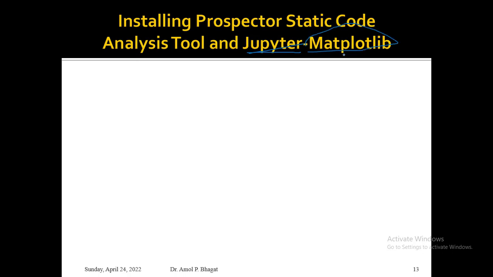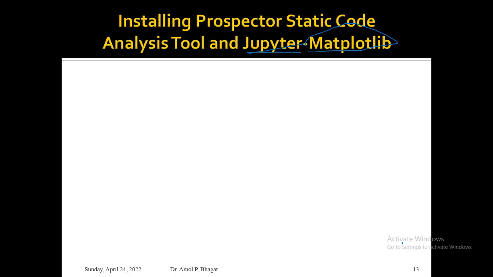If you want to graph the data, you can use Matplotlib. As we have seen in the line coding schemes, you will be representing digital data using digital signals, and those digital signals will be plotted. So we'll be using Matplotlib for plotting those signals.